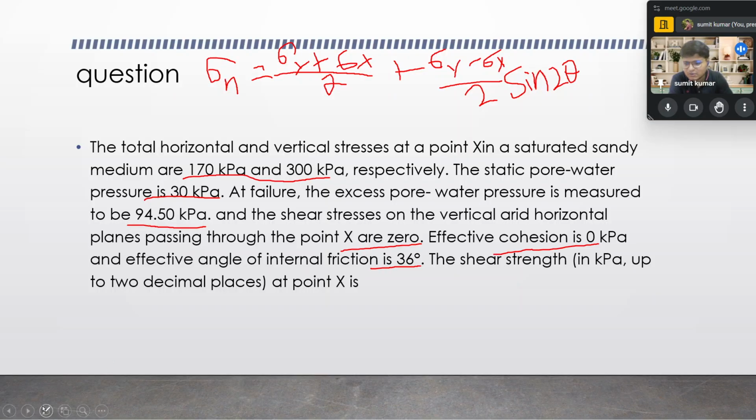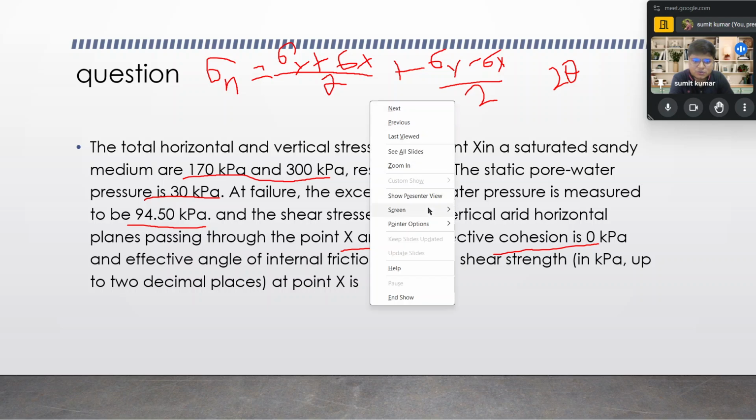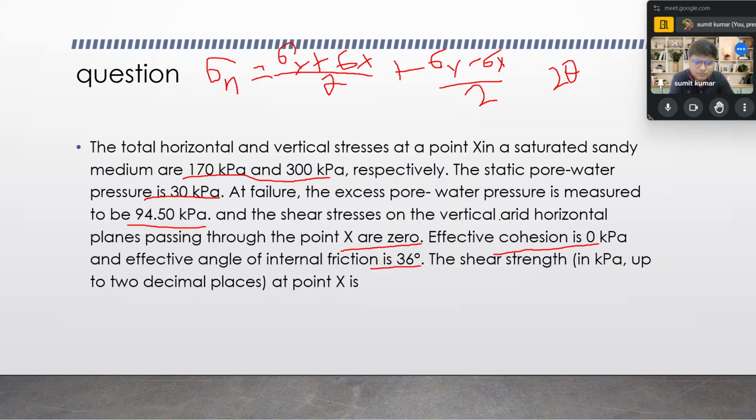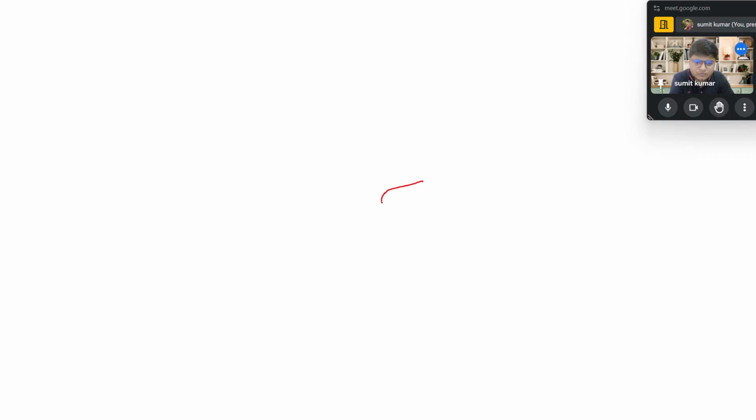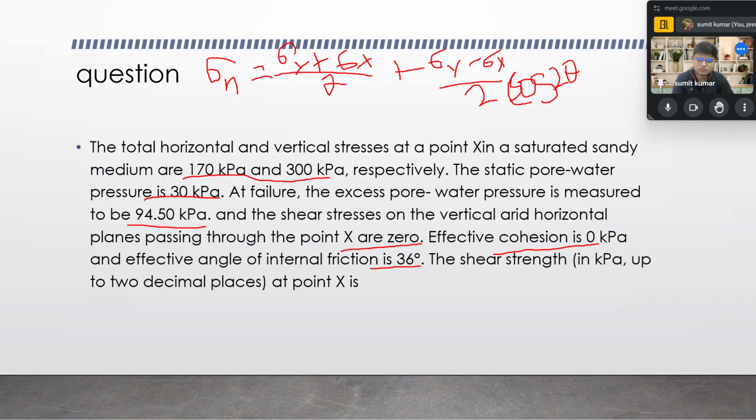Sorry, there is an error over here, so I have to take the eraser and correct this to cos 2 theta, right? So you can see over here, we are able to find the value of cos 2 theta.